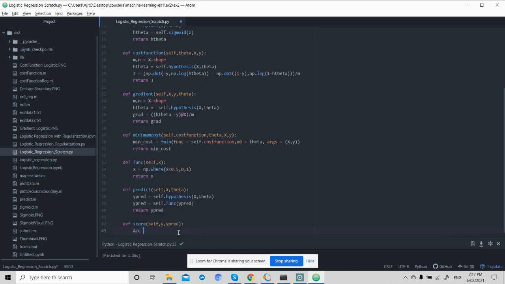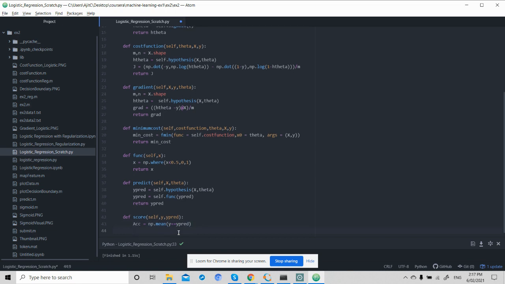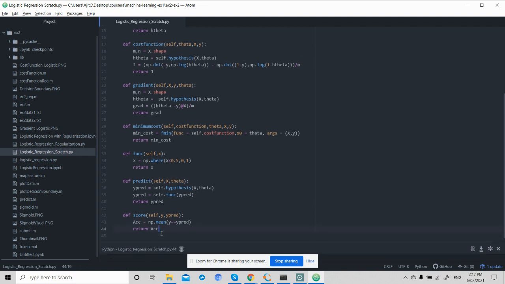So my accuracy will be np dot mean, simply the mean of y equals y predicted, times 100.